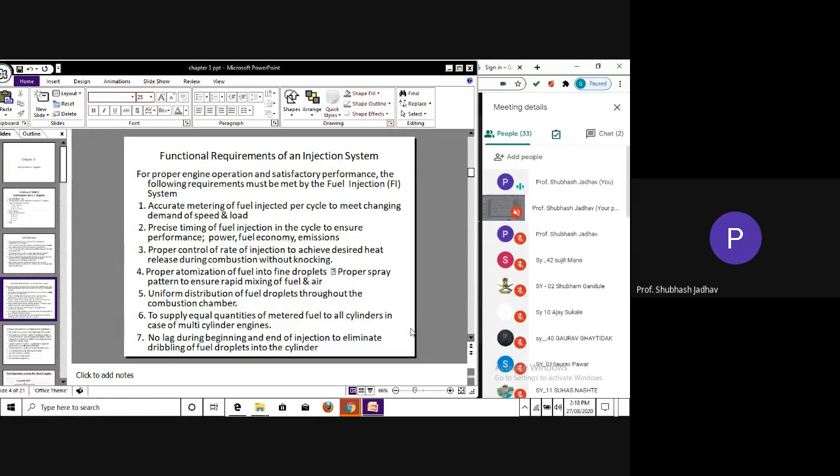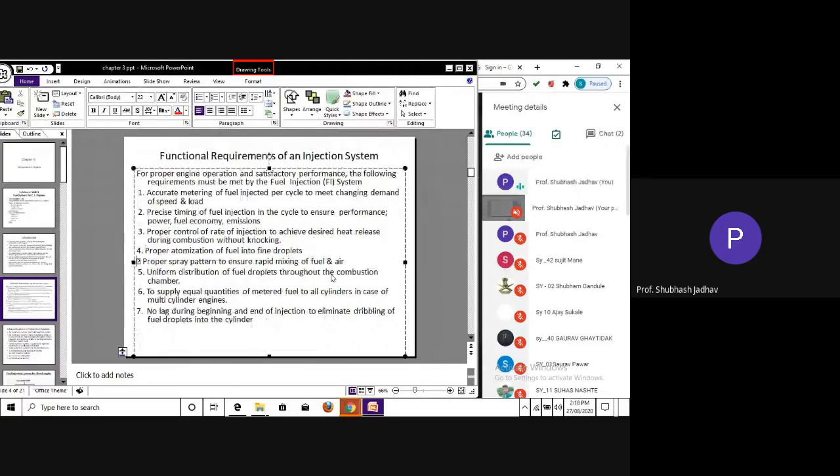So in order to achieve the proper heat release pattern, whatever rate of injection is desired has to be met, and that has to be taken care of by your injection system. So the proper control of the rate of injection to achieve the desired heat release pattern during combustion is needed without knocking. Knocking is another point which needs to be taken care of, because knocking can happen inside the combustion chamber, and in order to ensure that knocking is not going to happen, we have to ensure a proper injection rate.